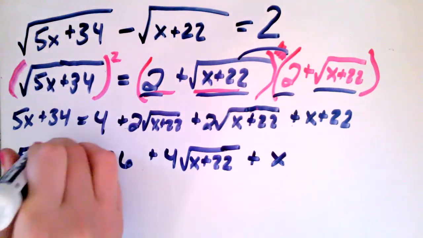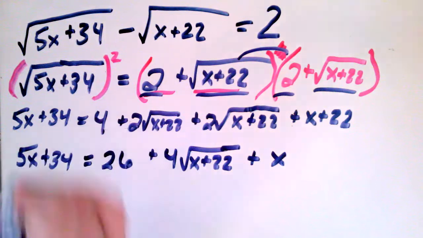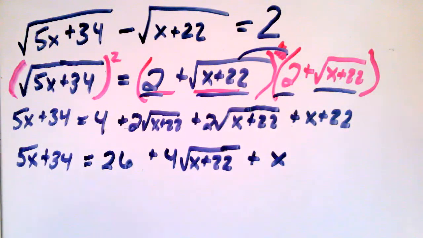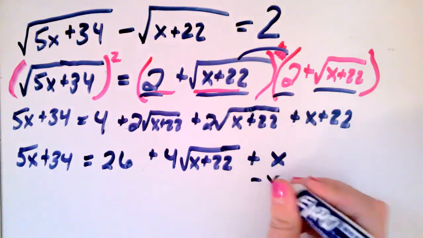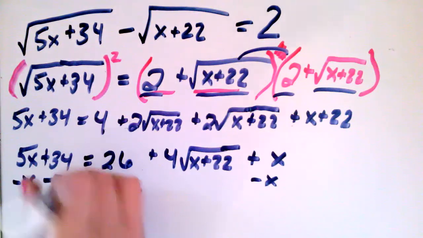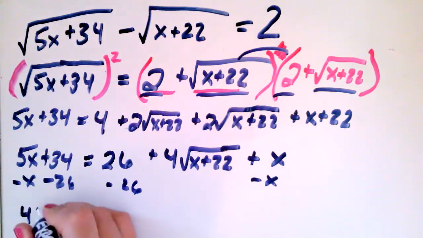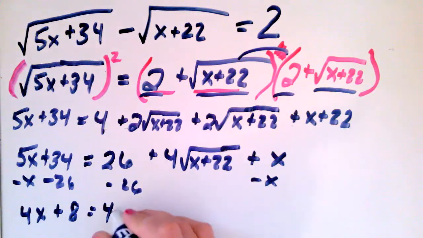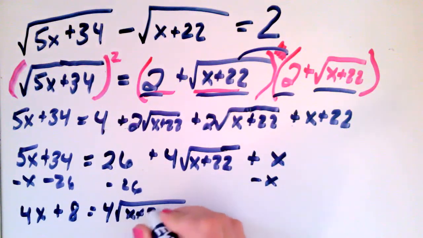All right, so now that we're down to just one square root, we want to get that one alone, kind of like we did with the other one earlier. So I'll subtract x from both sides of this equation and subtract 26. So I'm left with 4x plus 8 equals 4 times the square root.